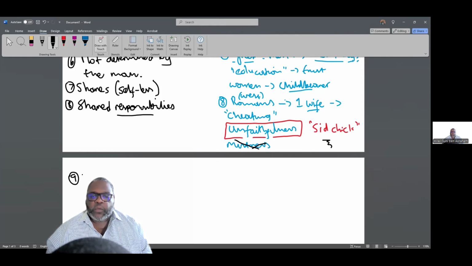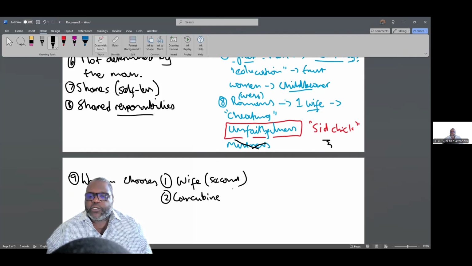So in the biblical world, which is the Afro-Asiatic world, the woman chooses number one. The woman chooses number one, the wife or the second wife, right? And the wife chooses the concubine.